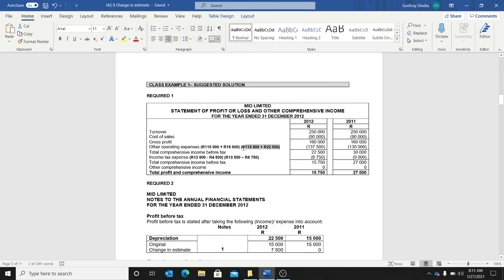So be careful when you read the question. Sometimes we can tell you that the original depreciation has been put through. If we said that, you'll only account for the difference here, which is about 7.5. Now, as I've said, if you increase expenses, like here plus 15, the profits will decrease.